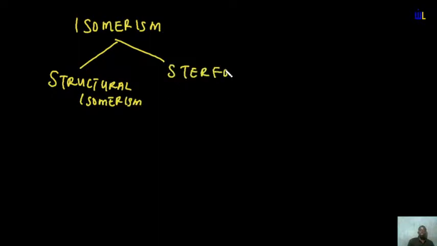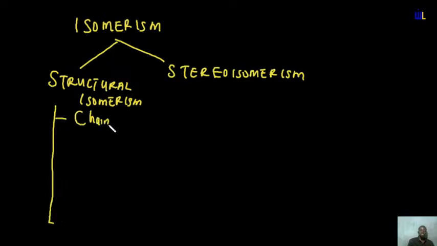Isomerism can be generally classified into two: structural isomerism and stereoisomerism. Under structural, there are 6 different forms of structural isomerism. The first one is chain isomerism. Second one is positional isomerism.